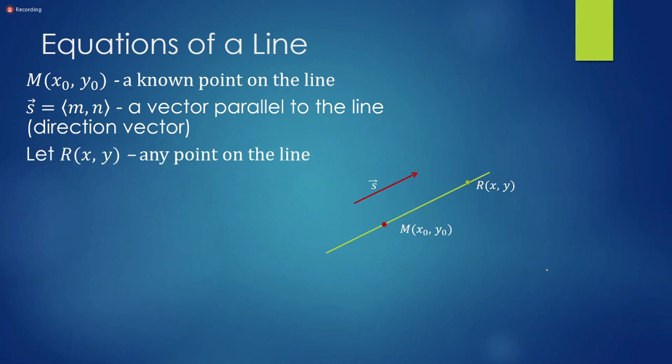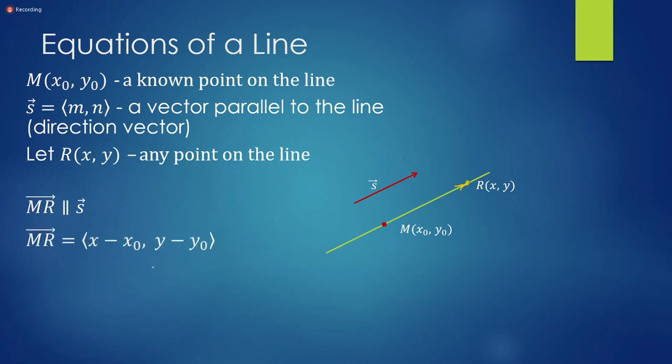So for any random point R on this line, evidently the vector MR is collinear to the vector S.